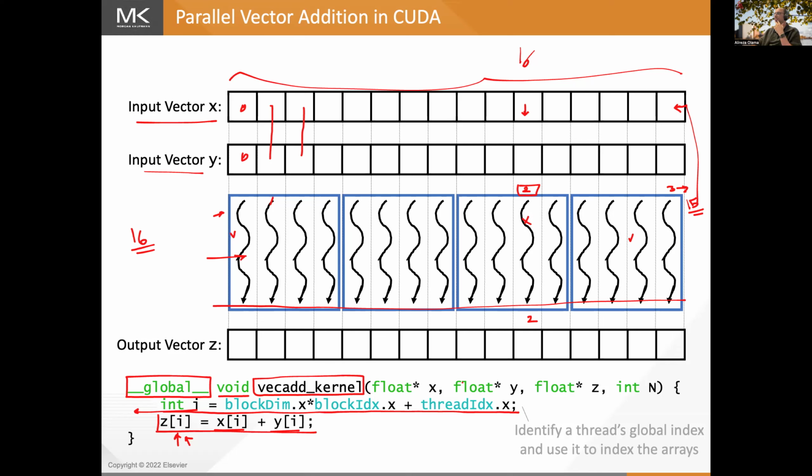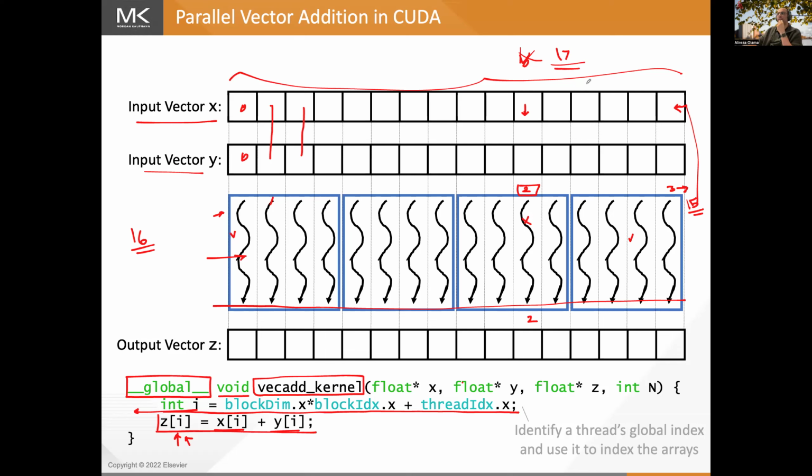But there's a catch here. As I said, here we have 16 elements, and we could define 16 threads. And we have a limitation in CUDA, which is that the number of threads in all the blocks should be the same. So assume we had 17 elements.